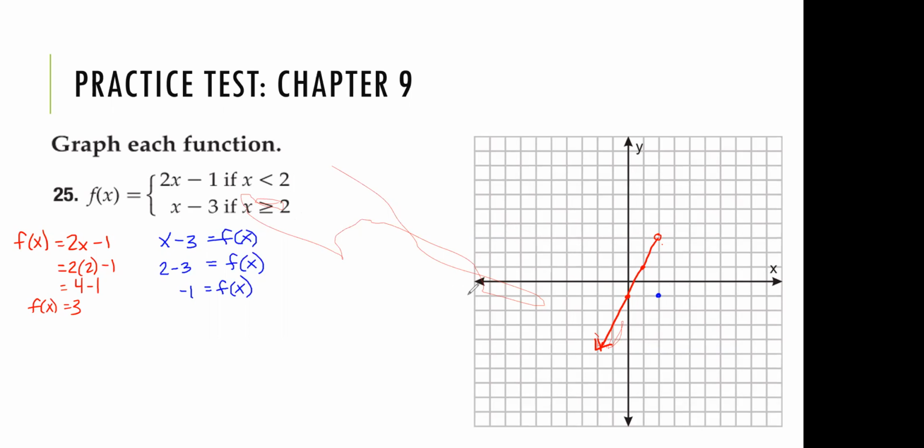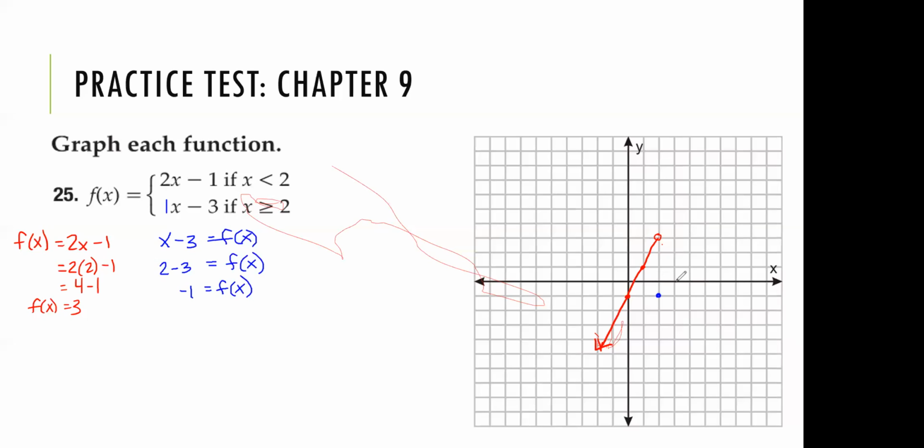And here, my y-intercept is negative 3, but it wants the values greater than or equal to 2. So I'm not going to put anything to the left, right? It has to be where x is greater than or equal to 2. But I know my slope is 1, right? There's a 1 in front of x.